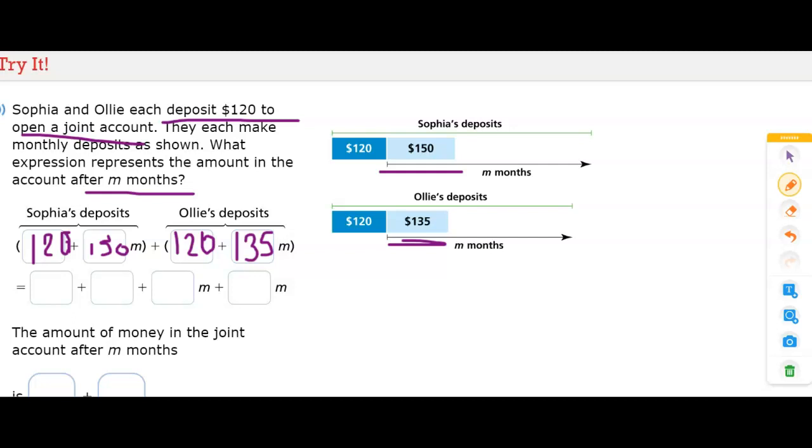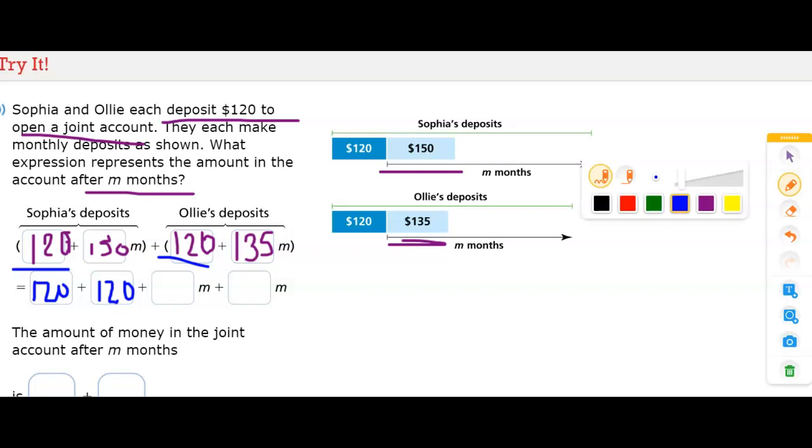So now that we have both of the friends' deposit amounts, now we have to combine the like terms. So 120 for each of them is a like term. So I'm going to write 120, 120.